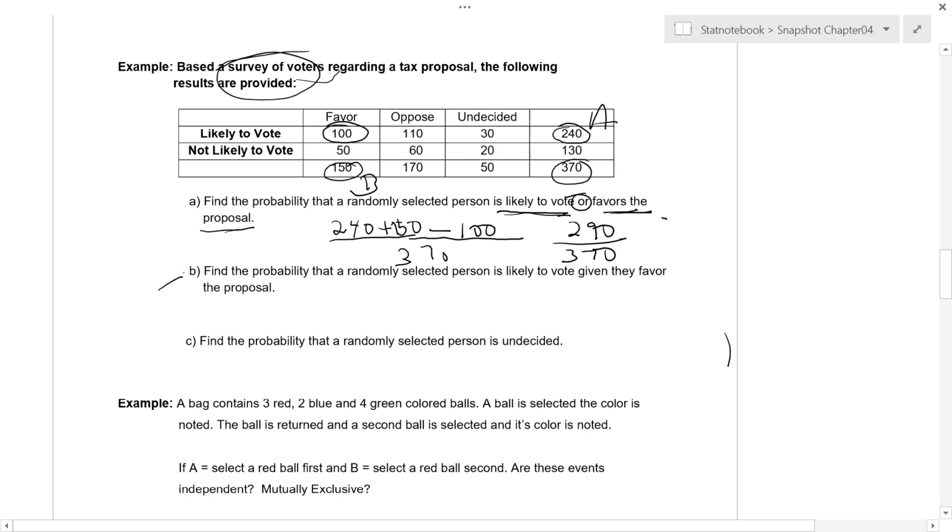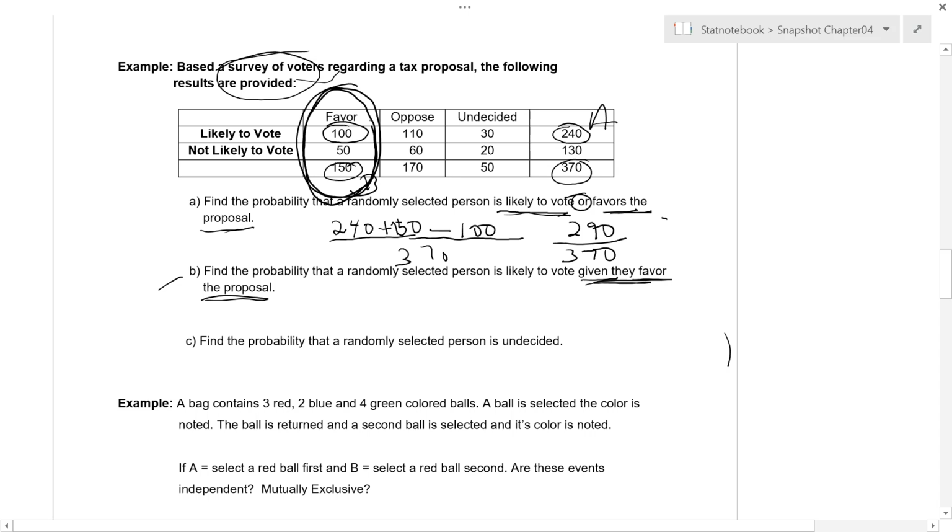B, what's the probability a randomly selected person is likely to vote given they favor the proposal? So now they favor the proposal, all right? Well, if we're given information, the world can be different. Well, we know they favor the proposal, so here's my world right here.